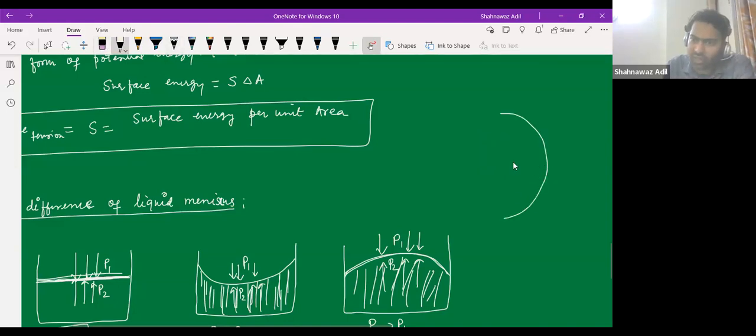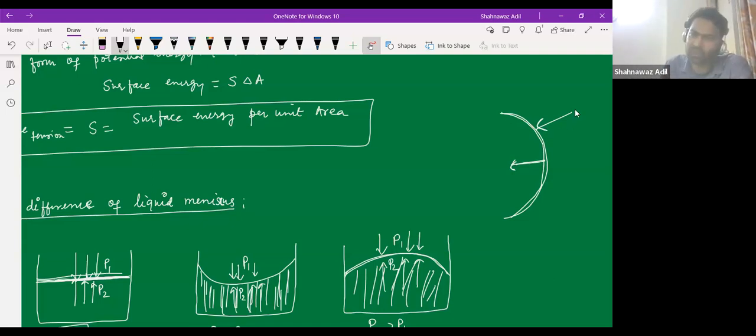So what is this part called and what is this part called? You have these kinds of curved surfaces, right? The curved one and then the bumped one.